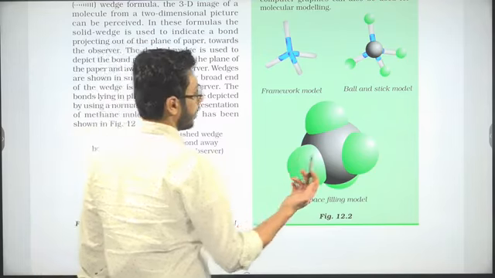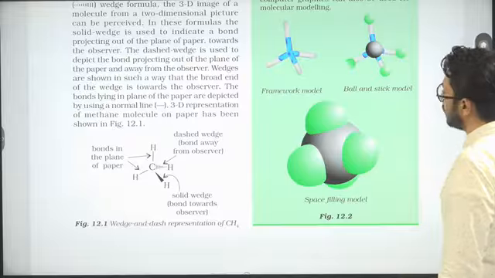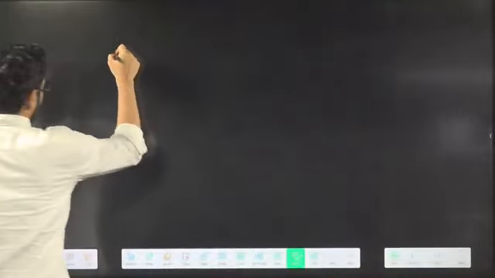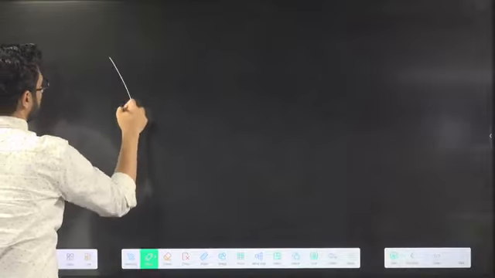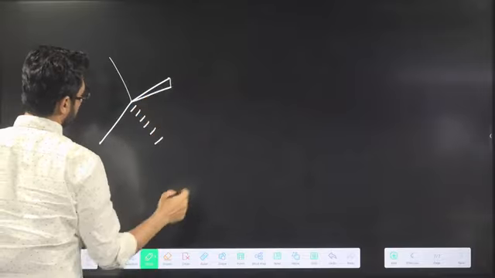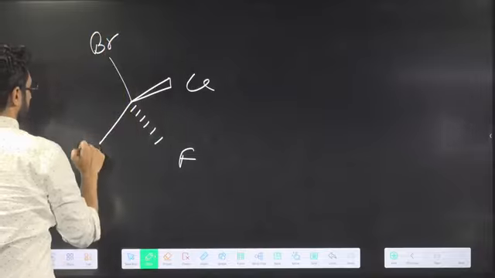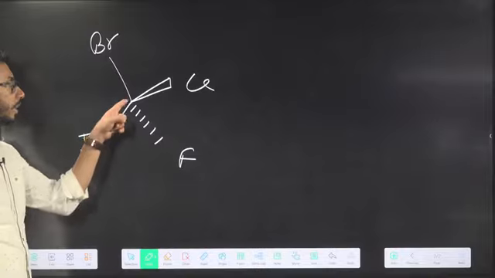So here, if I write this compound, this is the center point carbon.